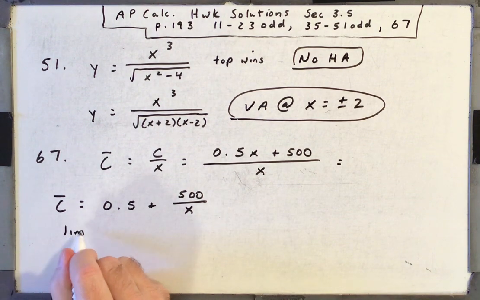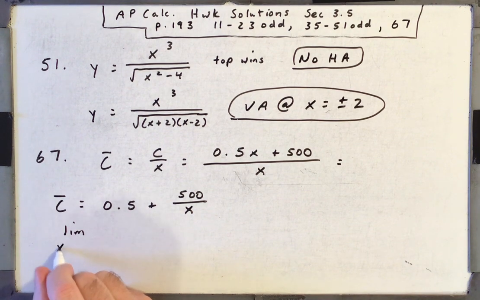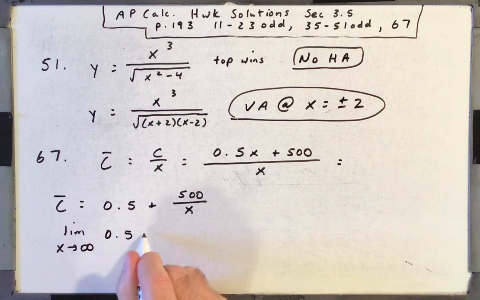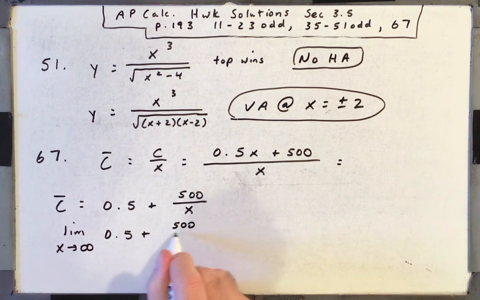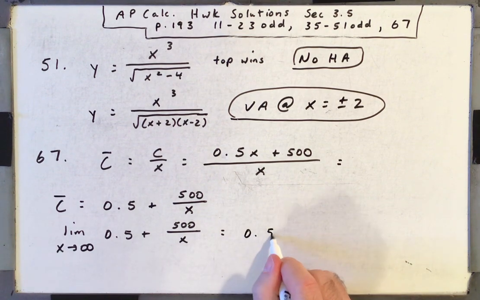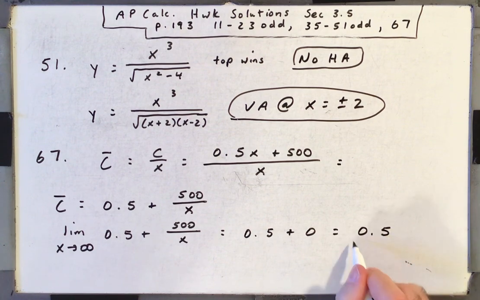We're taking the limit of C bar as x approaches infinity of 0.5 plus 500 over x. Well, 500 over infinity is just 0. 500 over an infinitely large number is an infinitely small number. So that's 0.5 plus 0, which is equal to 0.5.